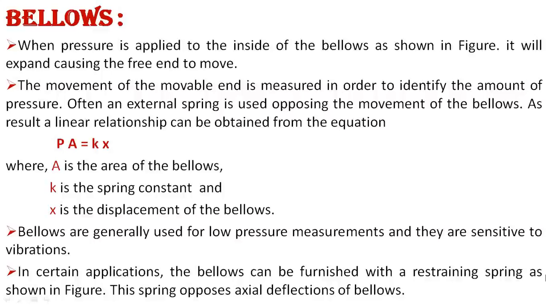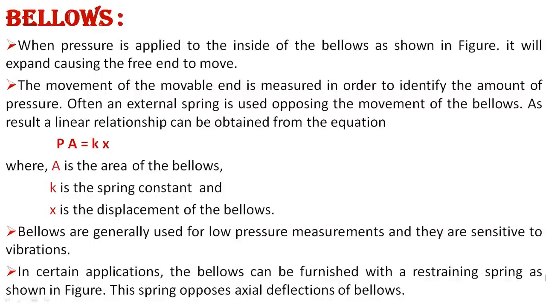As a result, a linear relationship can be obtained from the equation PA = Kx, where A is the area of the bellows, K is the spring constant and x is the displacement of the bellows. Bellows are generally used for low pressure measurement and they are sensitive to vibration.